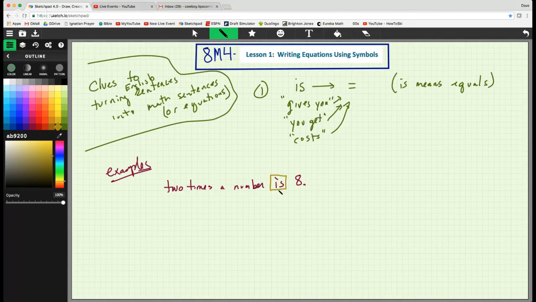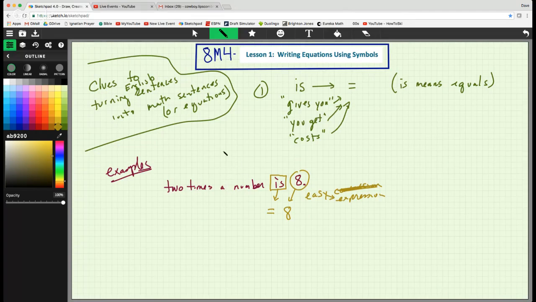So this is our equals. So we're going to write an equation. This is easy. Number 8, we can just pull that down because 8 is 8. But 2 times a number is, we need to come up with an expression, right? This is an easy expression, 8 is 8.